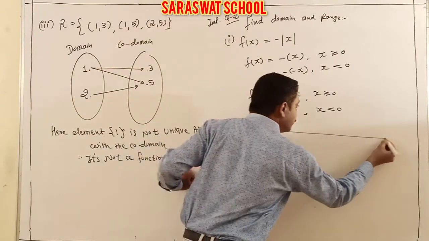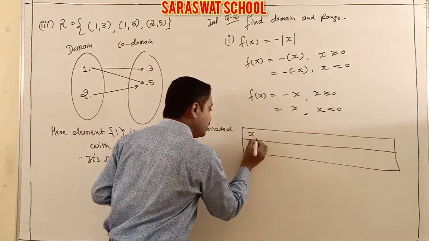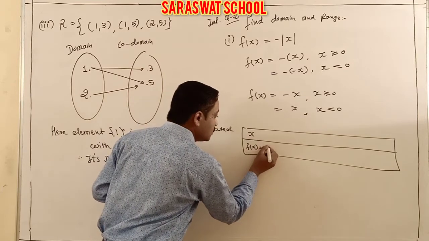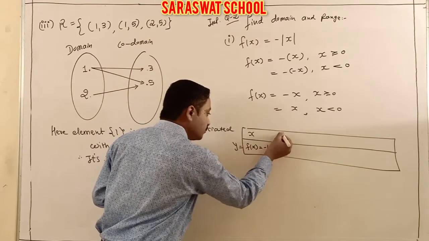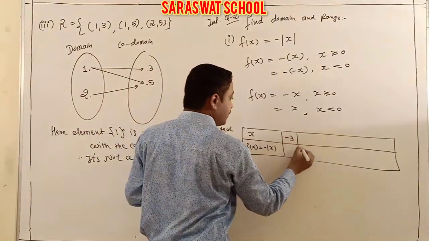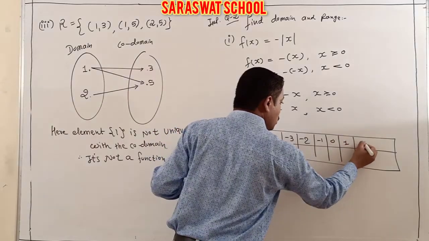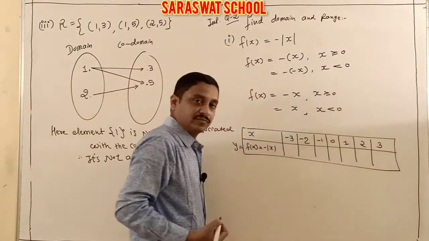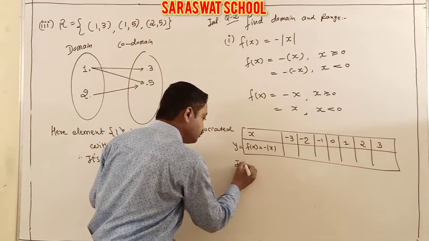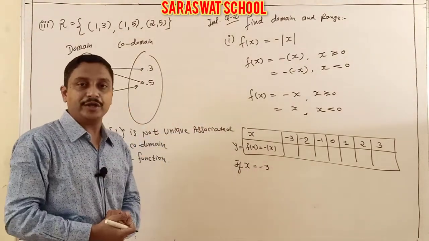I take some numbers to define the function: for y, any numbers you take, students. I apply minus 3, minus 2, minus 1, 0, 1, 2 and 3 and compute the values. After that I go to our drawing.